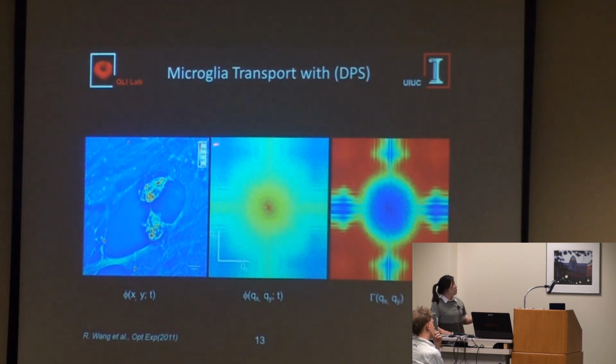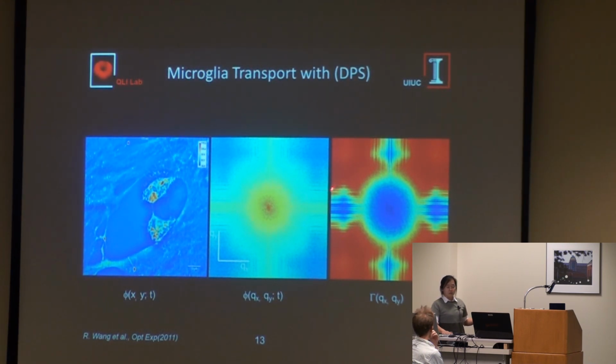And then we apply the method in live cells. This is two microglia cells. How do we do that? Basically, we do a 3D Fourier transform. First the 2D spatial Fourier transform, then the 1D temporal Fourier transform.